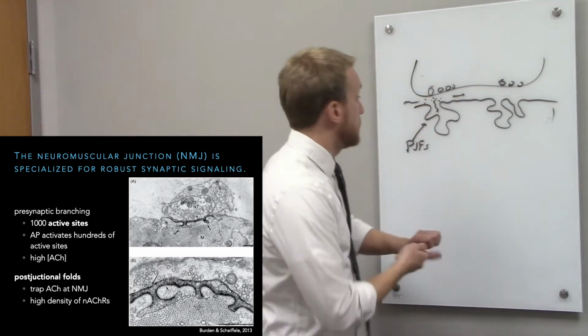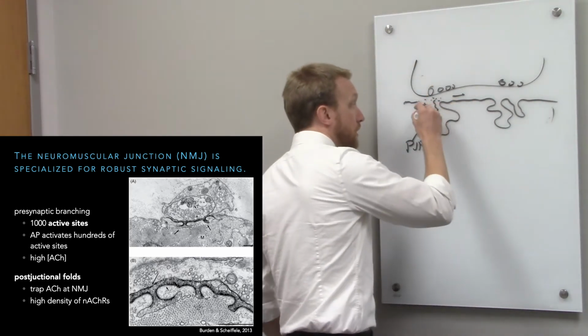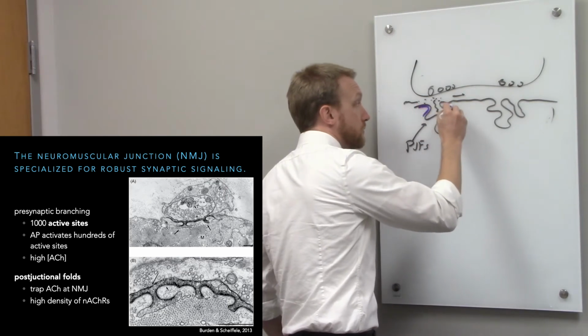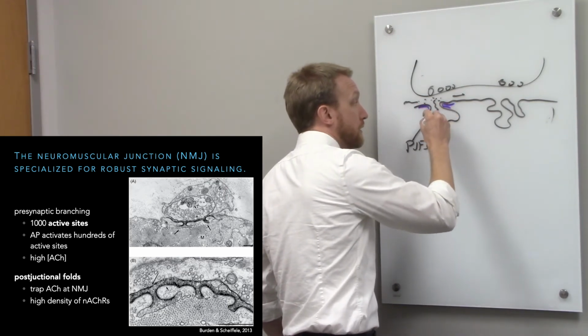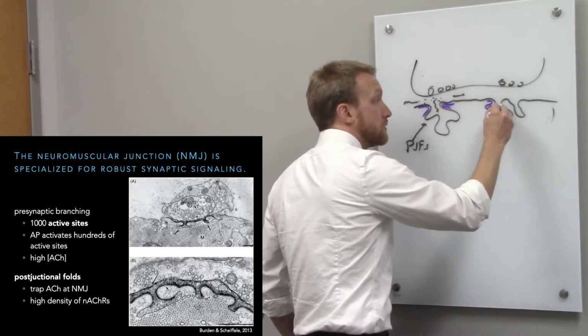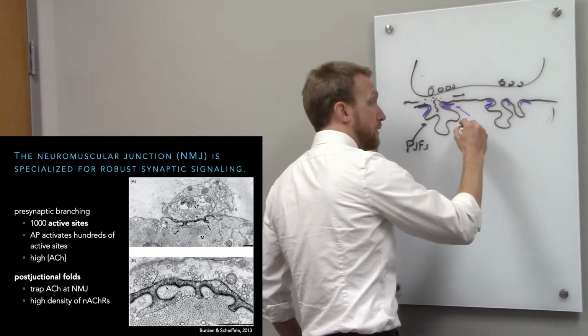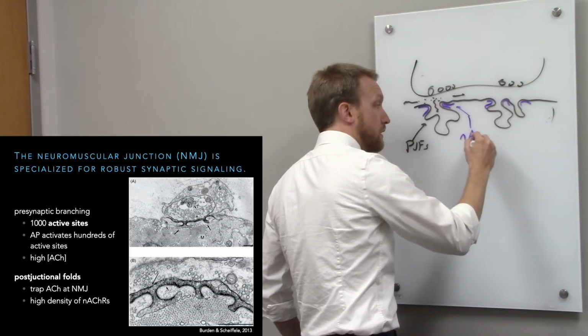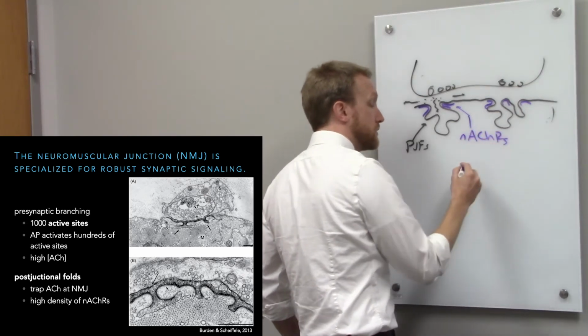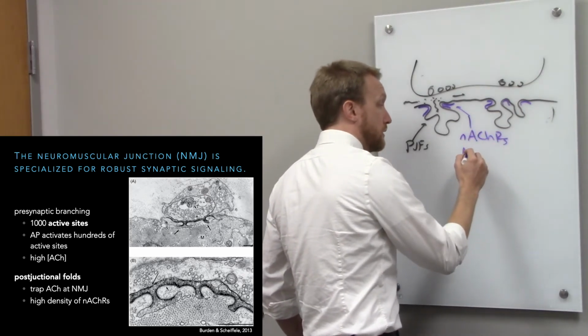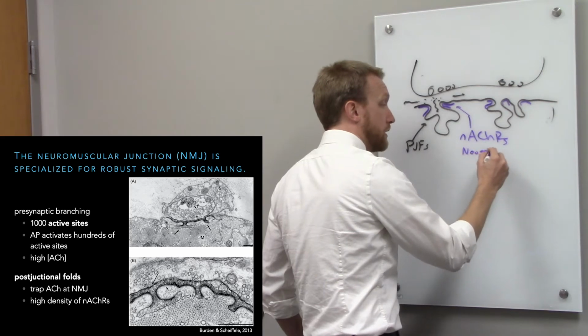At these postsynaptic sites, we find nicotinic acetylcholine receptors, and these are still non-specific cation channels.